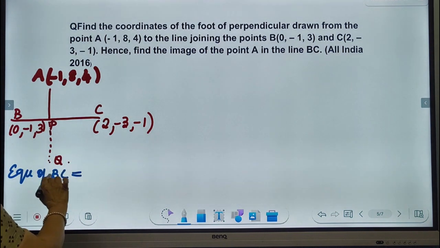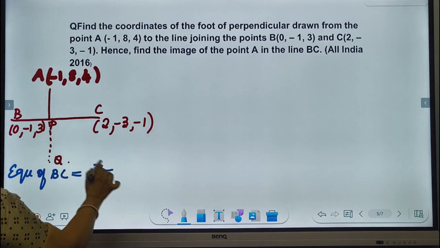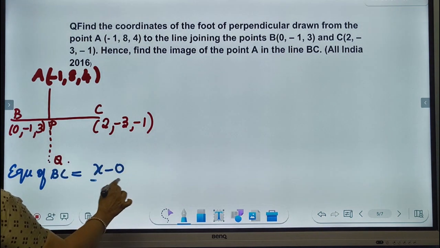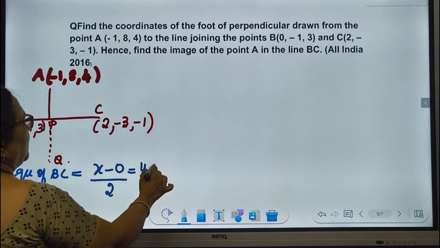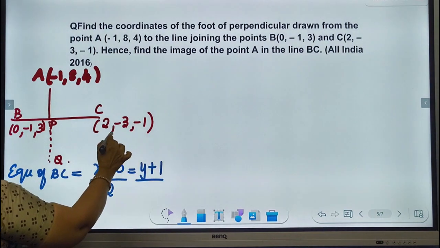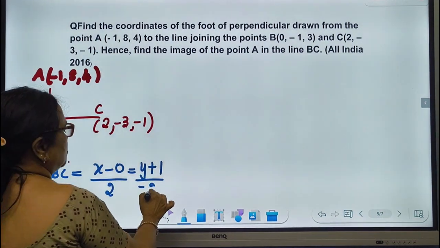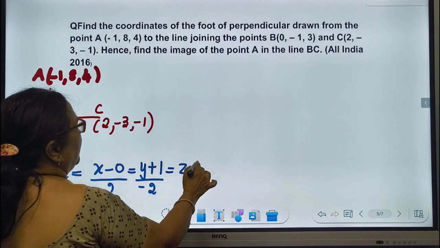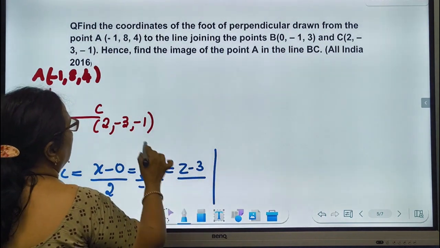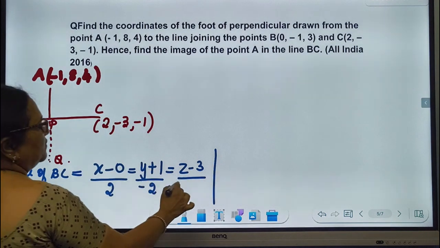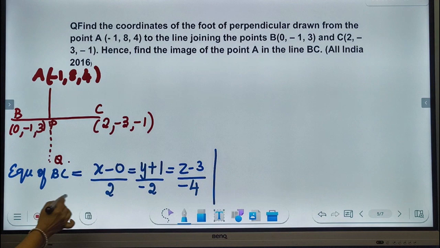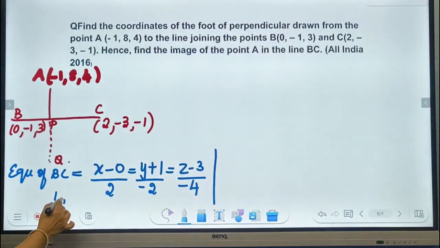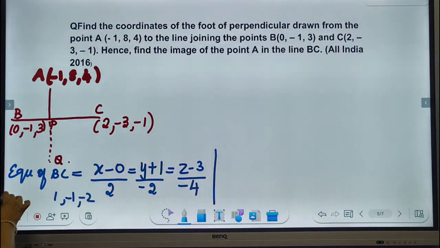So using that, the equation of BC will be x minus 0 by 2, equal to y plus 1 by minus 3 plus 1, which is minus 2, equal to z minus 3 by minus 1 minus 3, which is minus 4. But this 2, minus 2, minus 4, I can write as 1, minus 1, minus 2. So these are the DRs of BC.